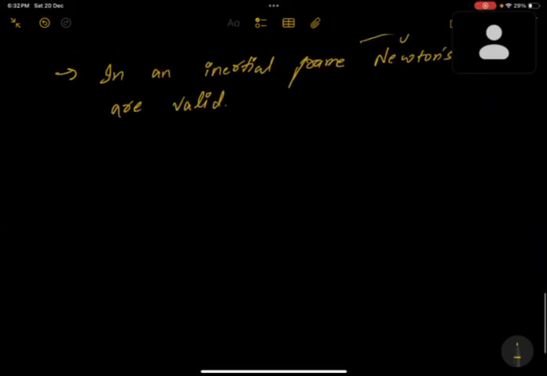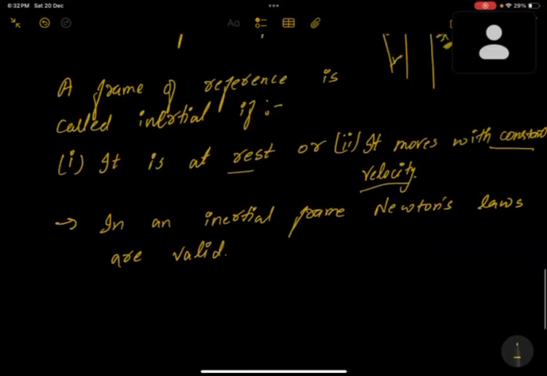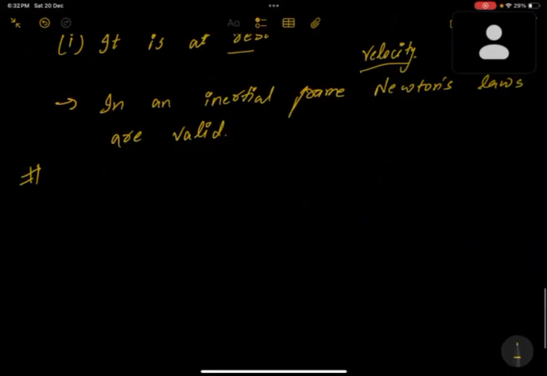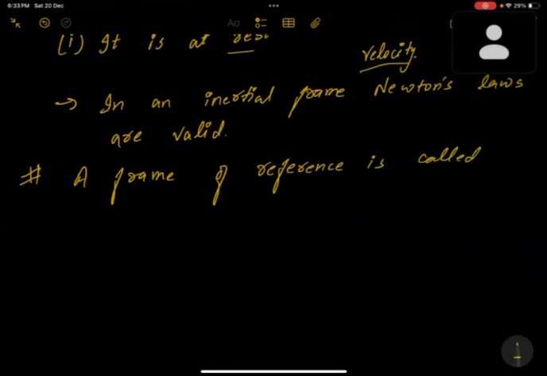Now we will talk about non-inertial frame of reference. A frame of reference is called non-inertial if it is accelerating. There is only one condition.